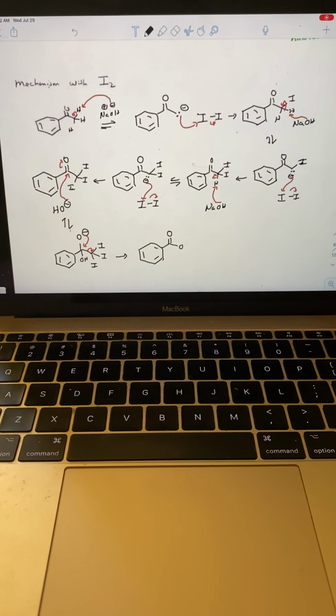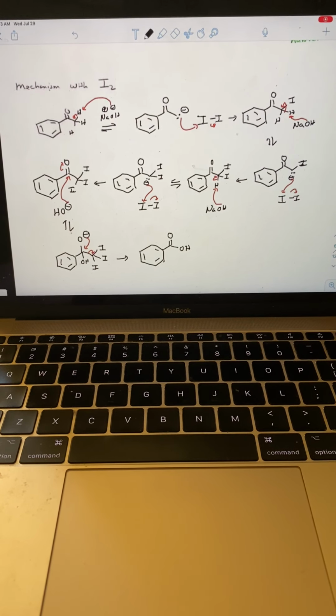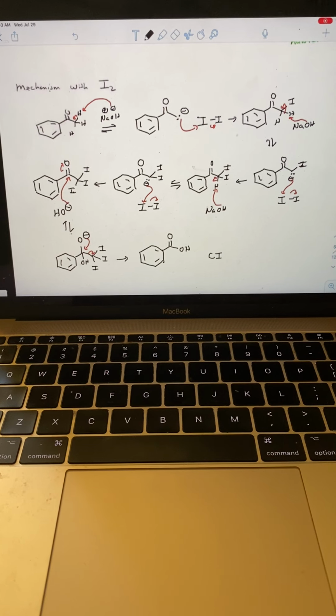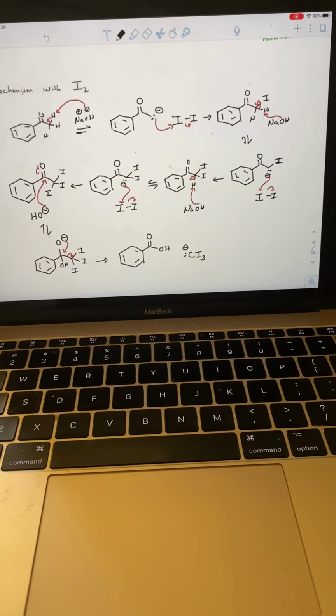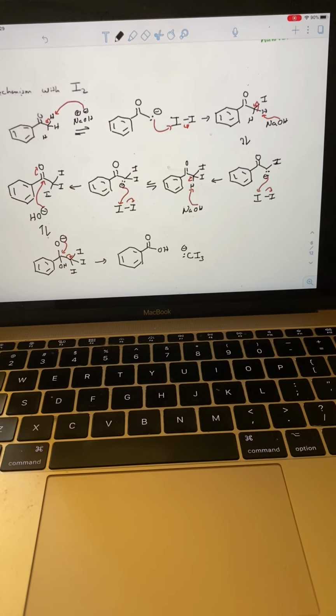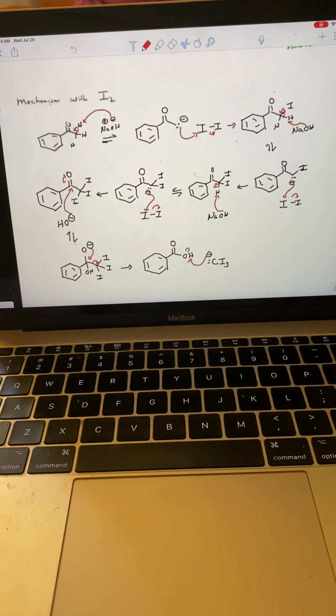Now we have ended up with a carboxylic acid, and then we'd have our iodoform precursor, which I'll just write down as CI3. I'm drawing the carbon so it's a little easier to see. And now we'll quickly have an acid-base reaction. So this is just going to pull this proton off.